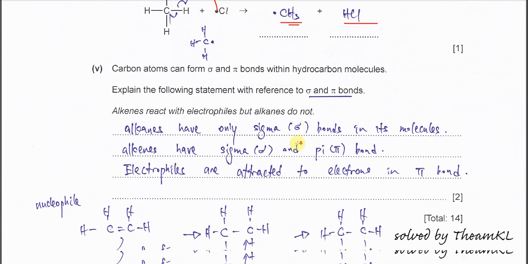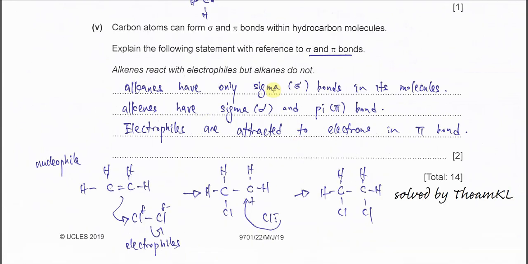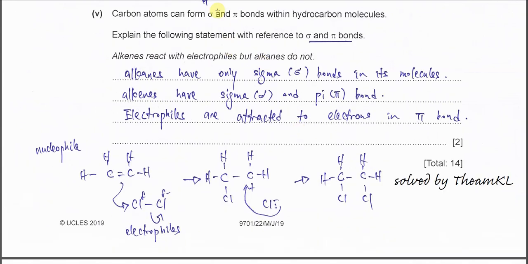Okay, part 5. Carbon atoms can form sigma and pi bonds within hydrocarbon. Explain the following statement with reference to sigma and pi. Alkene reacts with electrophile, but alkane do not. Okay, this one you need to know what is nucleophile, what is electrophile.